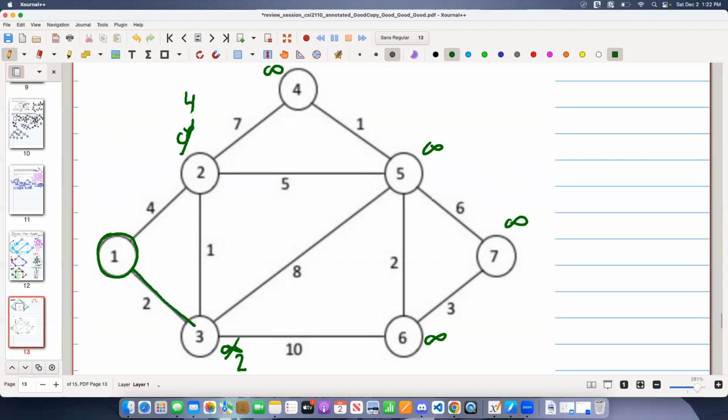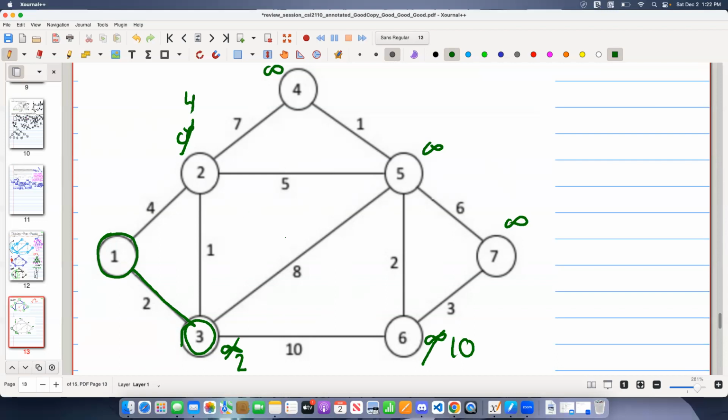Well, we travel to 3 because it has the least amount of weight. Okay, and now since we traveled, we update all other nodes. We know that this node now is not infinity. It's 2 plus 10. So it's the weight of the edge plus the weight of the node that has traveled to it. So it's 12.